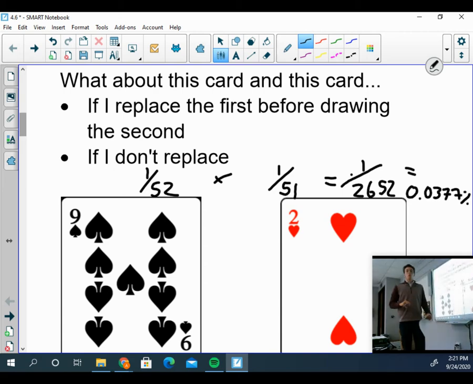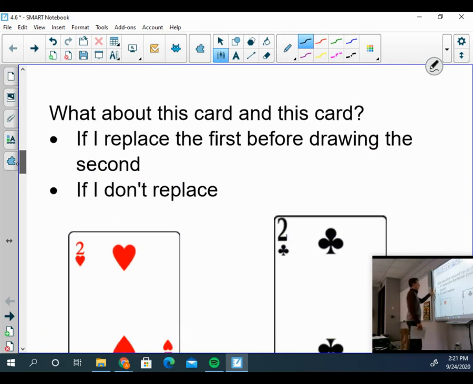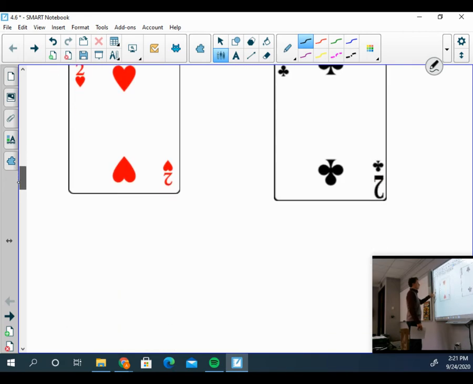Okay? So what I hope you understand, what this little introduction is giving you, is what is compound probability. Not only do I have a singular event happening, but what happens when I have multiple events back to back. Okay?